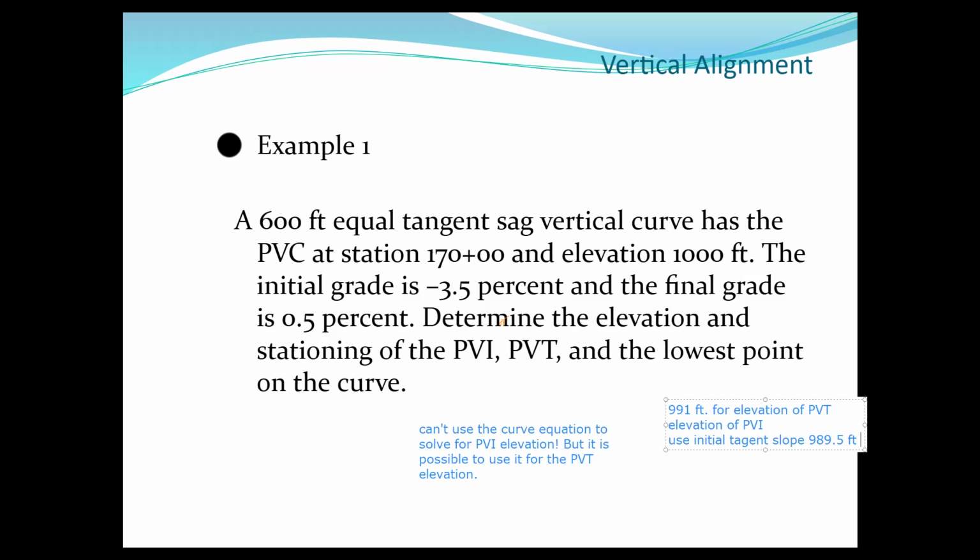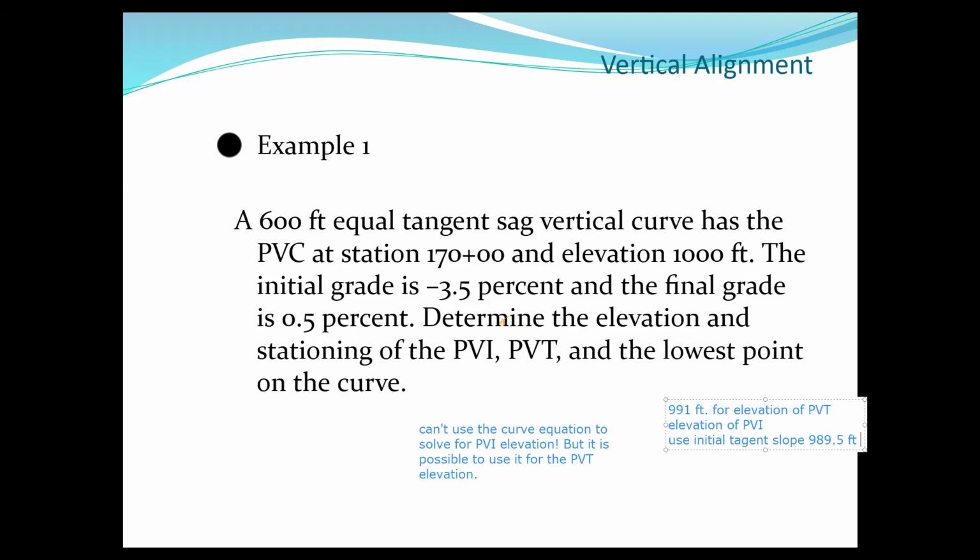Stationing of PVI, that's pretty simple. It's 170 plus 00, and we add 3 plus 00. And 3 plus 00 basically means 3 full stations, because that's 300 feet. Because we know that L over 2 is 300. So this is L over 2, which is 300 feet in this problem, expressed as stations.